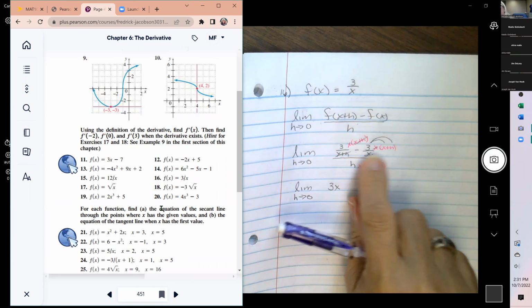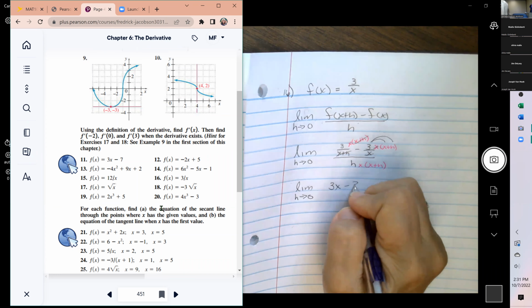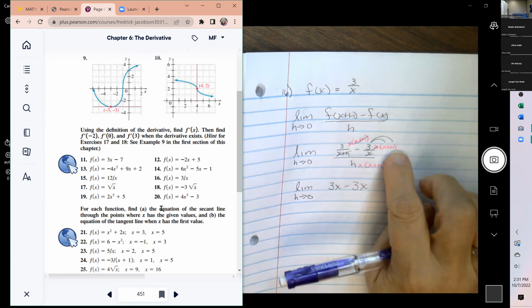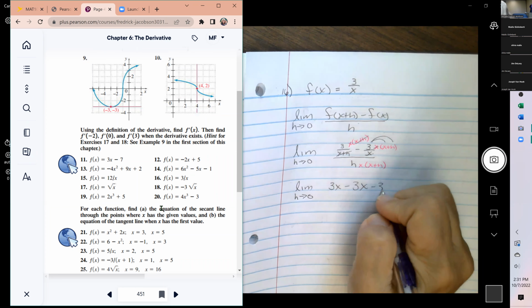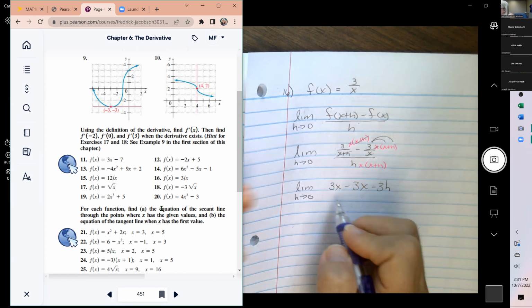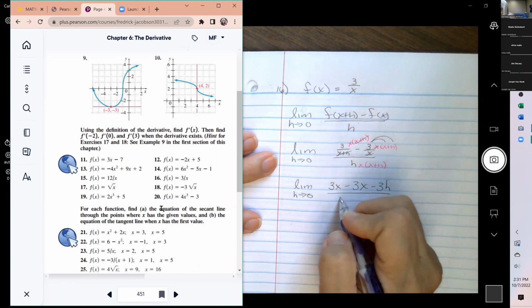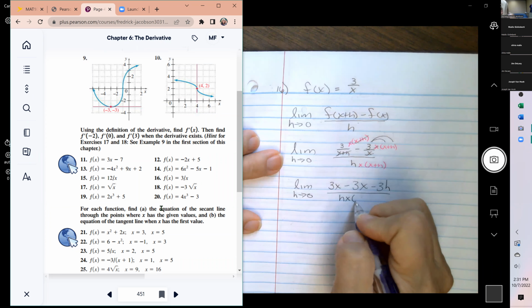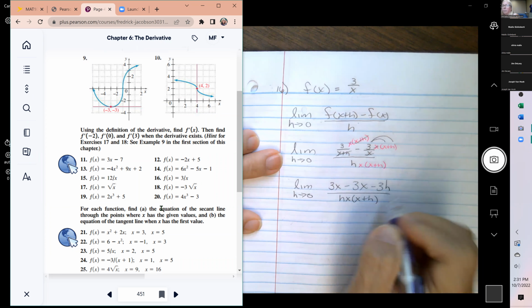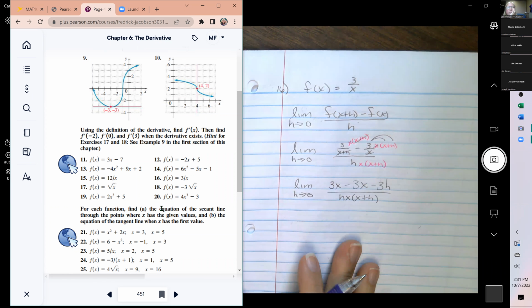So -3 times x is a -3x. -3 times h is a -3h. Any questions on that?